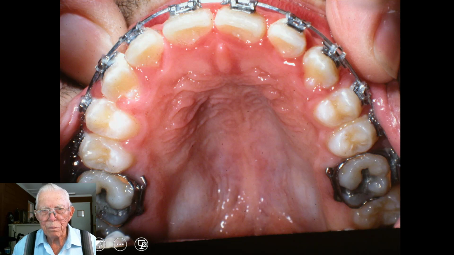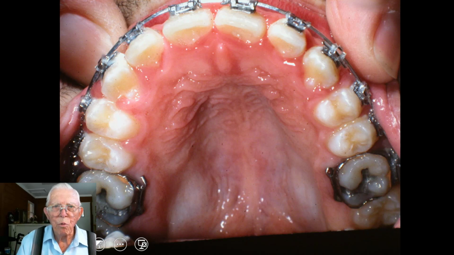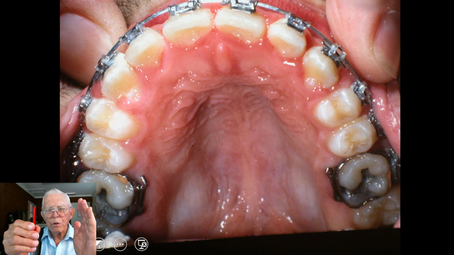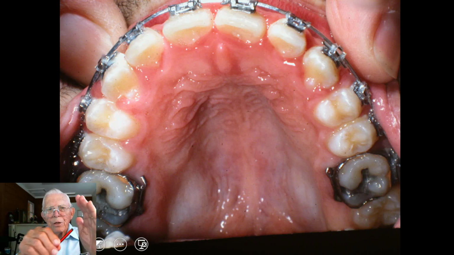So we've expanded this arch simply with some rectangular wire, and as you expand the upper arch, if you don't do something about torquing the roots, the arch will tilt out like this, and your lingual cusp will be lower than your buccal cusp.